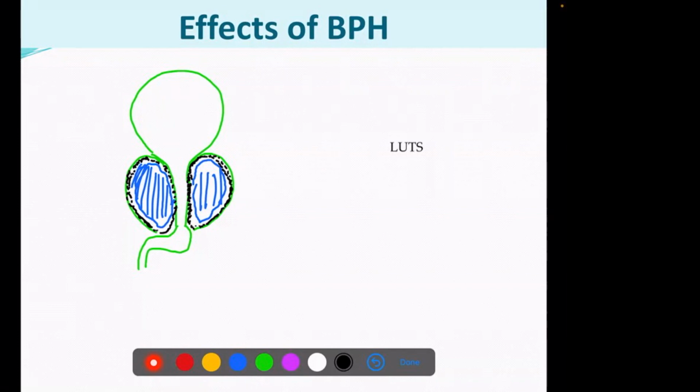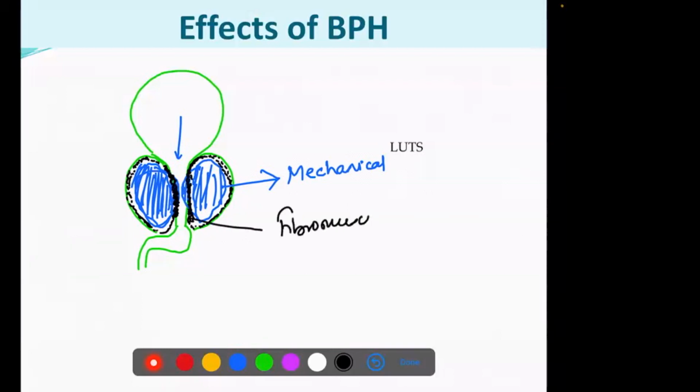If the gland becomes enlarged, then it obstructs the flow. Obstruction of flow by gland enlargement is known as mechanical, meaning it is really obstructing the flow mechanically. If the BPH contains more of this fibromuscular tissue, then it leads to dynamic obstruction.